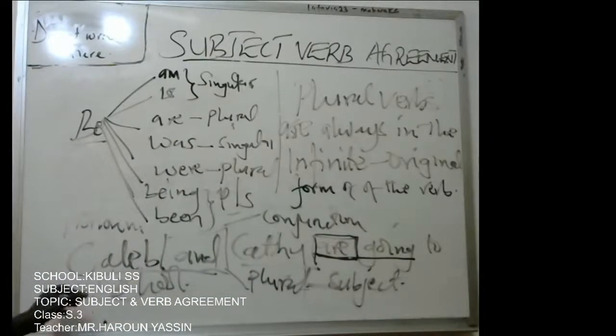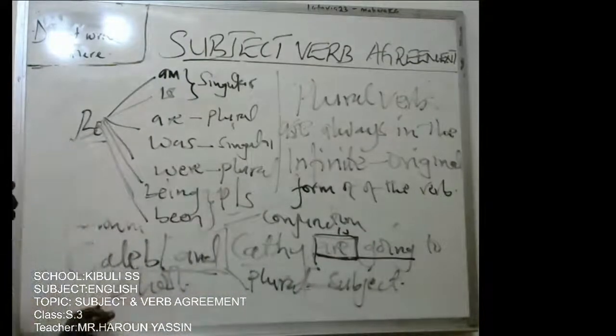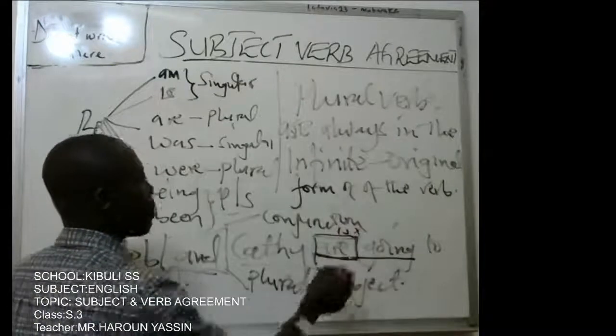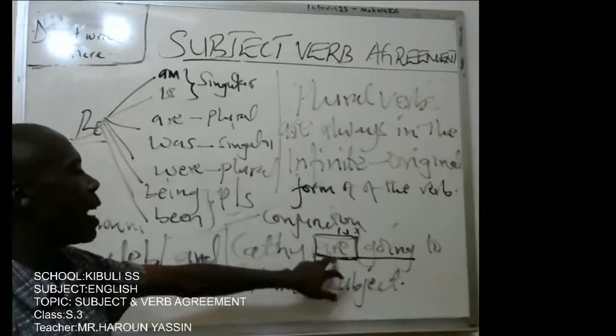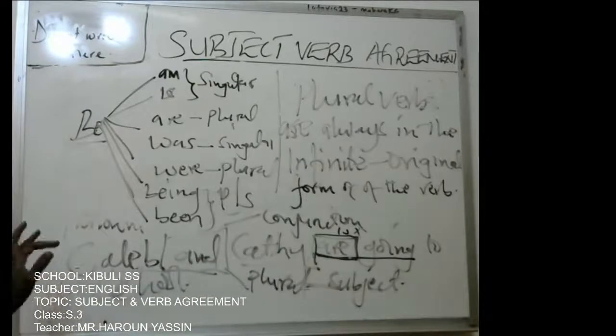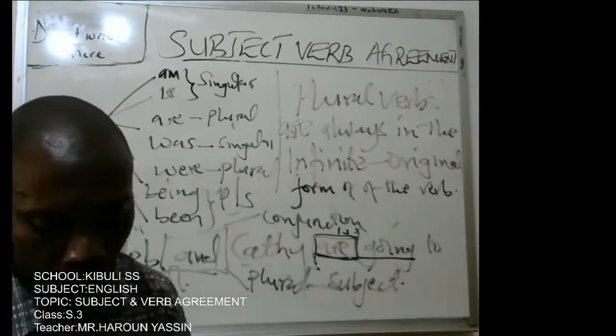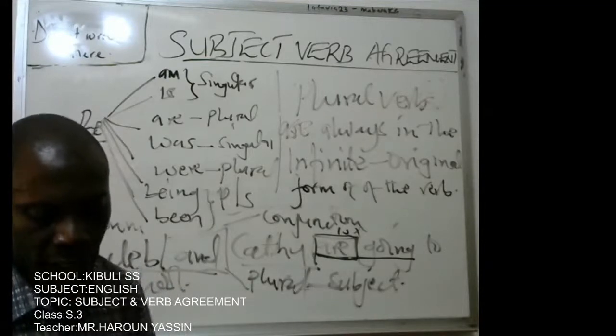So it would be wrong if somebody said Caleb and Kathy is going to school. This would be wrong. Reason being, you have combined the two and you have formed a plural subject, therefore the verb has got to agree in number with the subject, which is plural. But this one is a simple one.